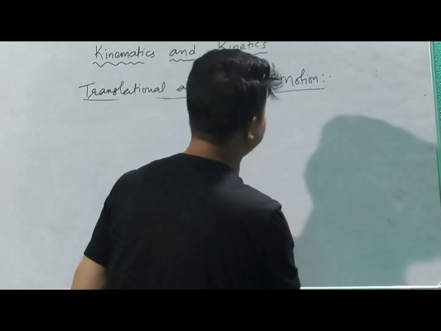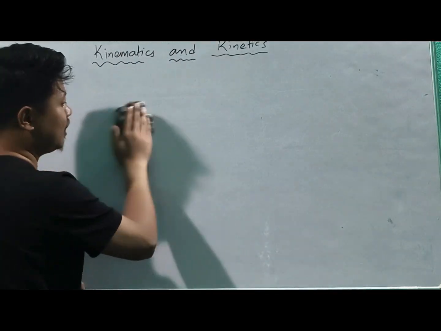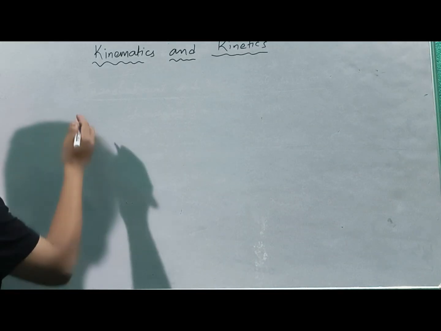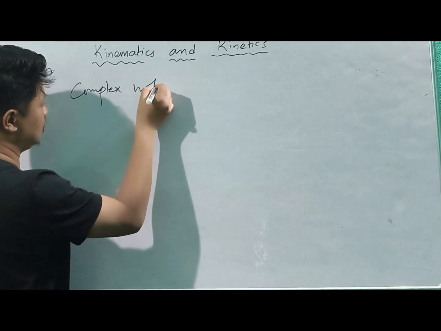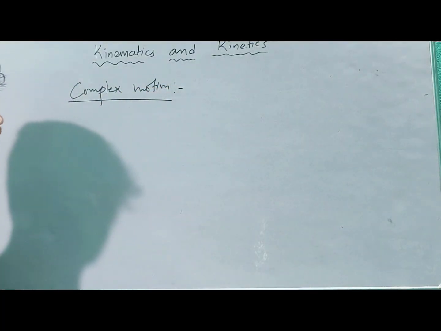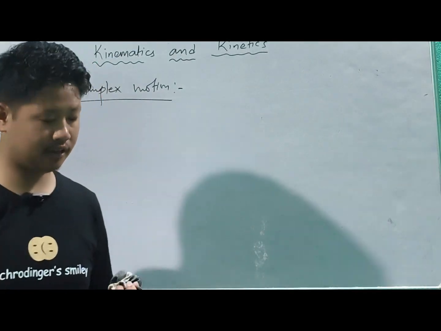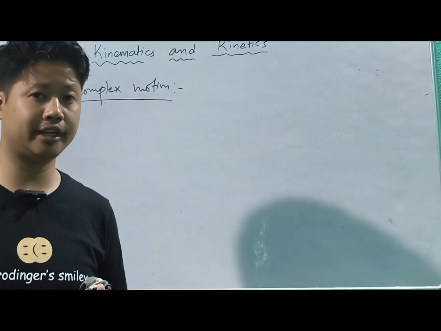Now another type of motion. These are not the only two types of motions. We have a third type of motion, and that motion is called a complex motion. What is a complex motion? Sometimes we have rotational motion as well as translational motion simultaneously.